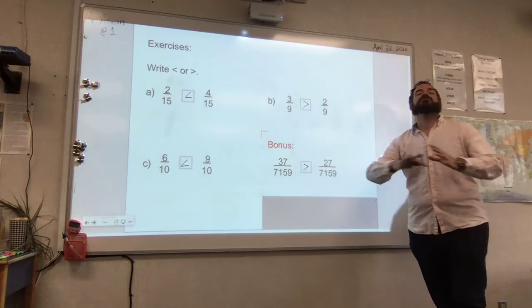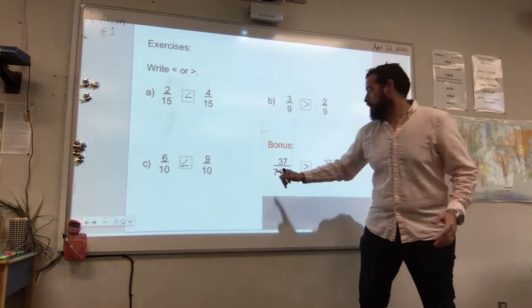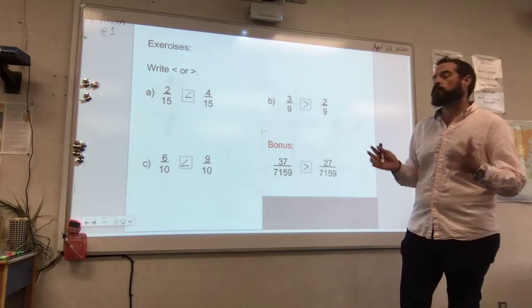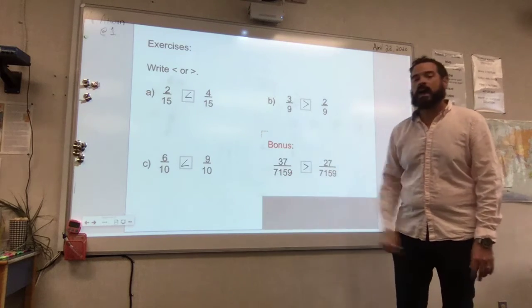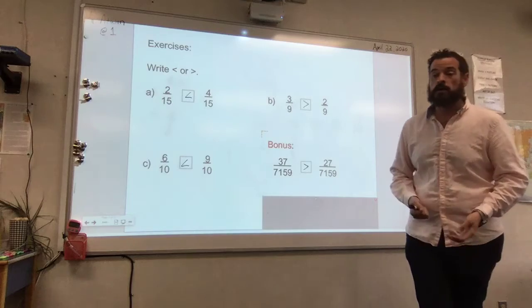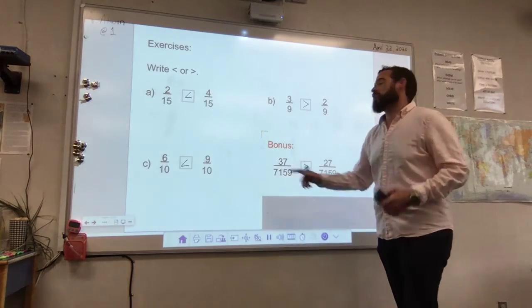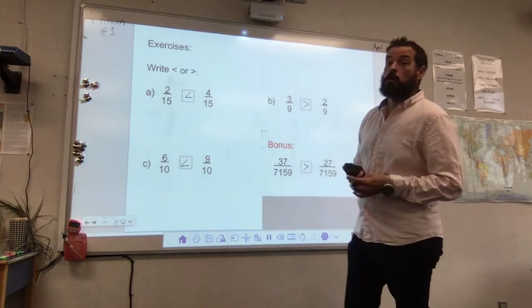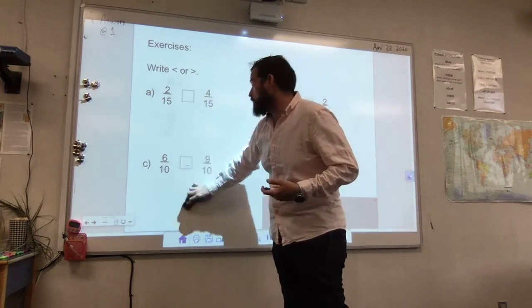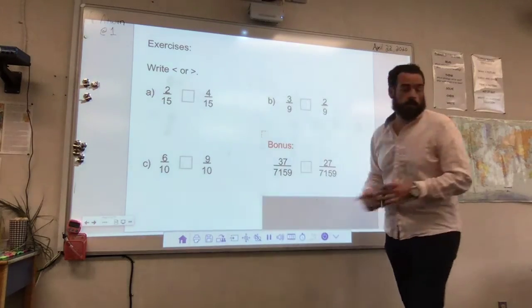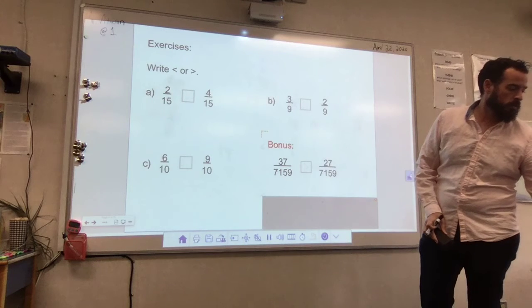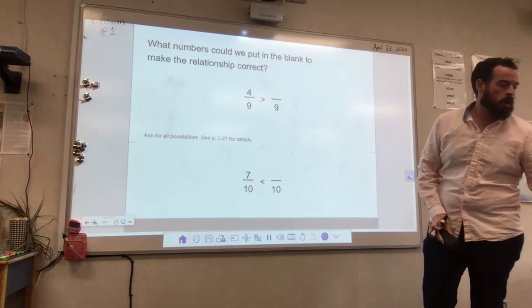So even if you've got a gigantic denominator, if they're the same, you can compare the fractions just by looking at the numerator. As long as that denominator is the same, you're just seeing which number up top, the numerator, is bigger. All right, next slide.